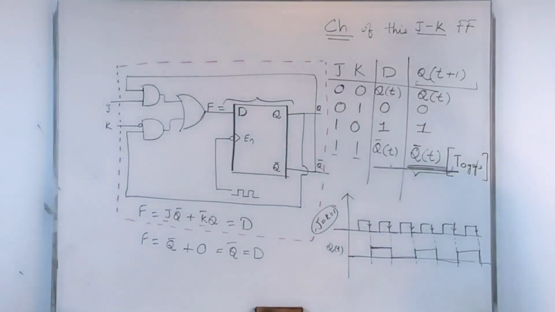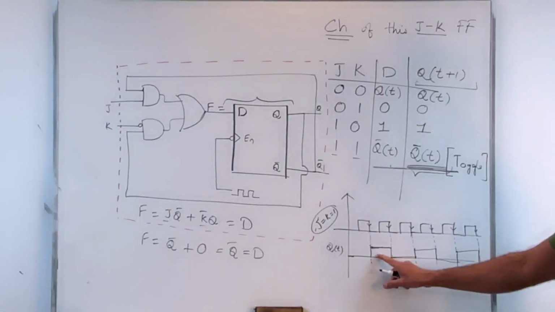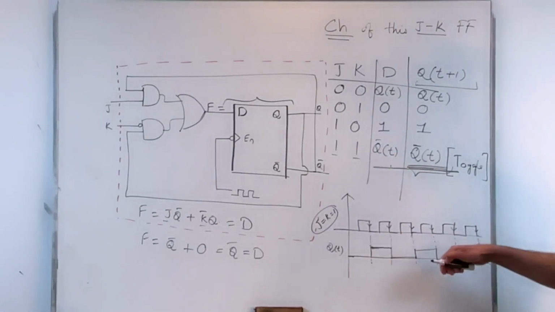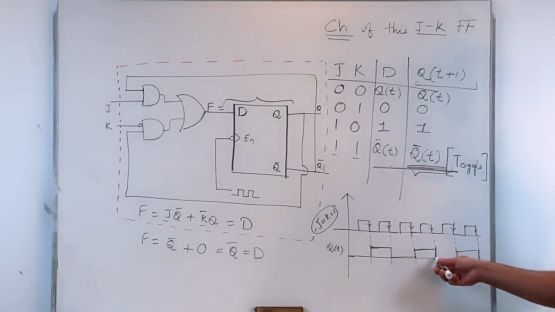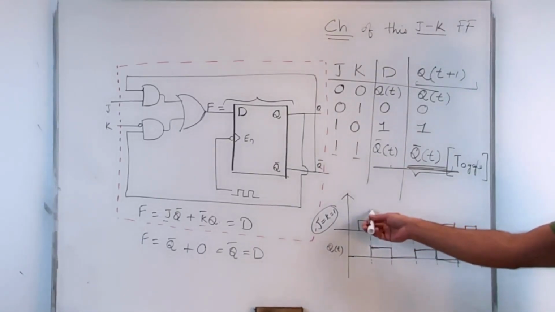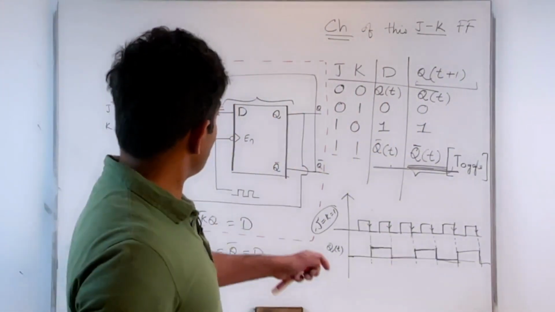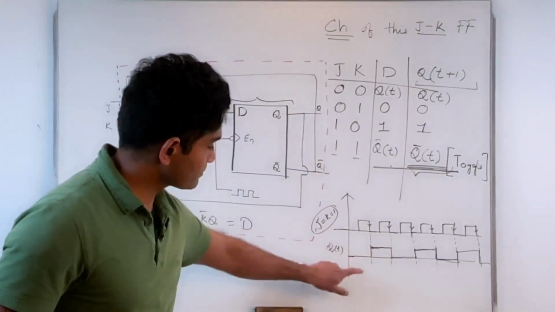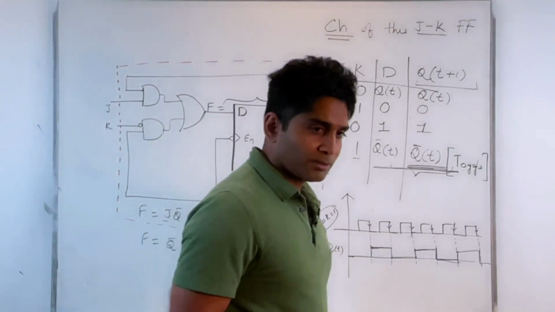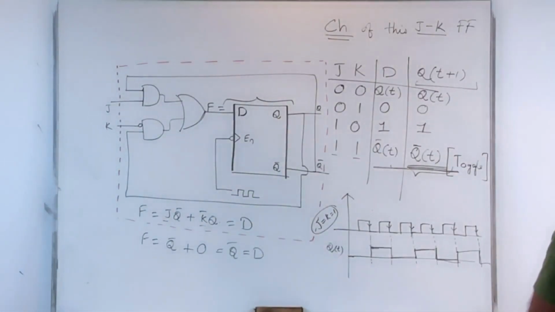If you look at this pulse, this is also a series of square pulses. With respect to the clock, what can you say about the output Q in this case? What do you observe there? Anthony, what do you think?